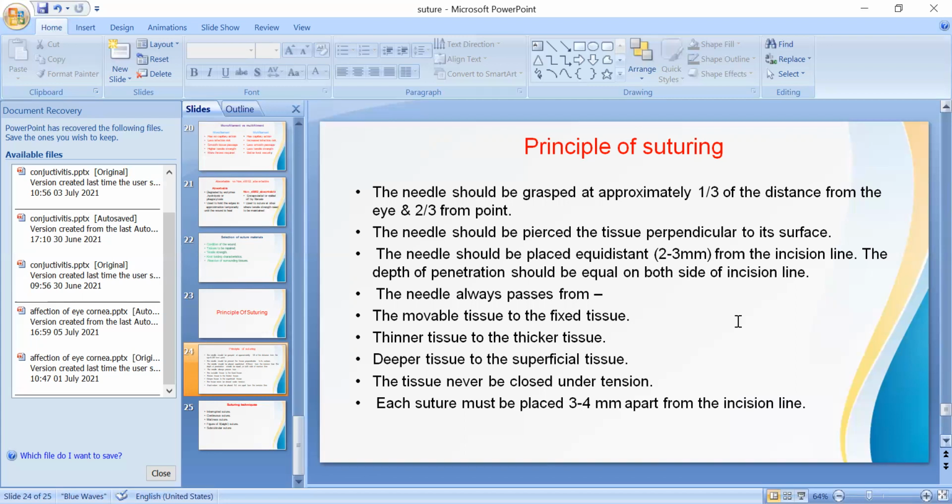The needle always passes from the movable tissue to the fixed tissue, thinner tissue to the thicker tissue. So deeper tissue to the superficial tissue.